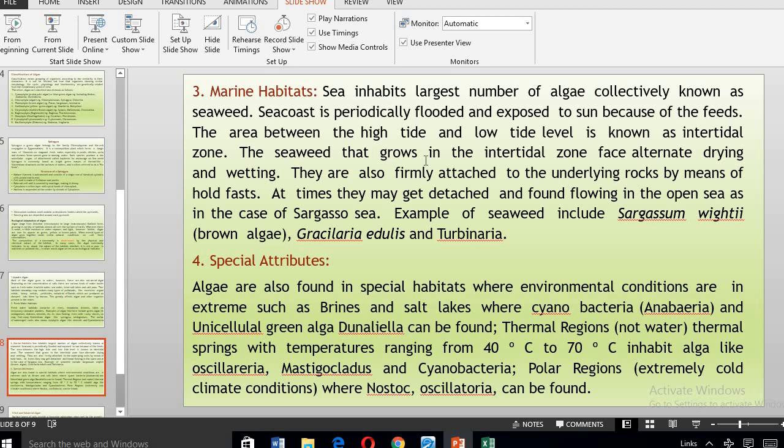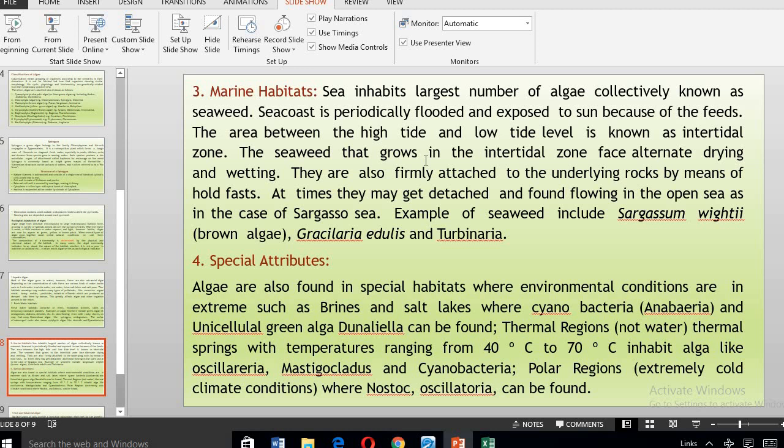Examples of seaweeds include Sargassum wightii, a brown alga. We also have Gracilaria edulis, and we also have the Turbinaria species.